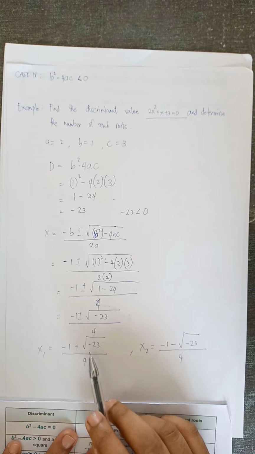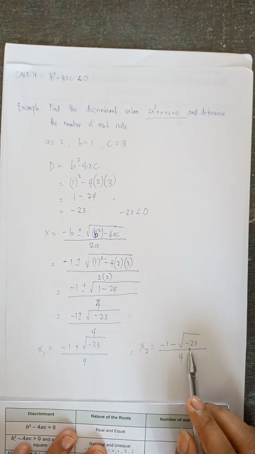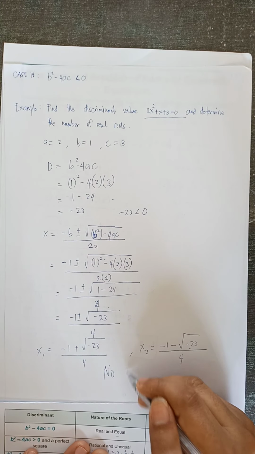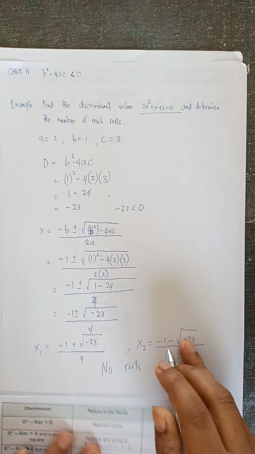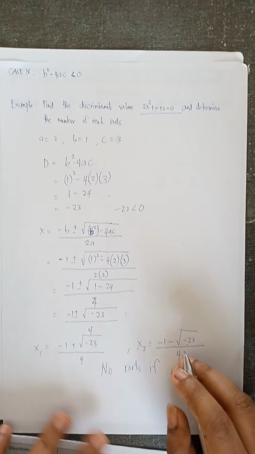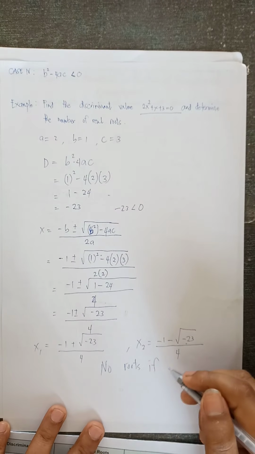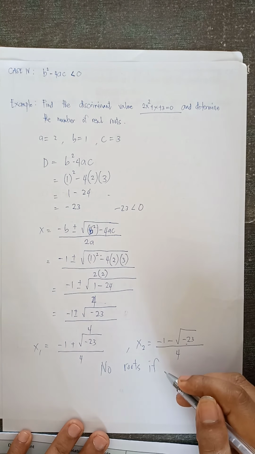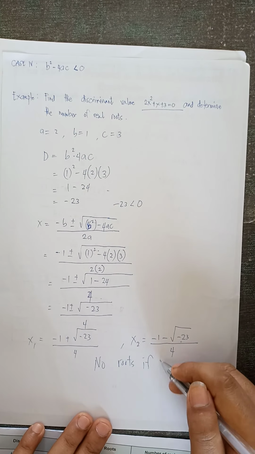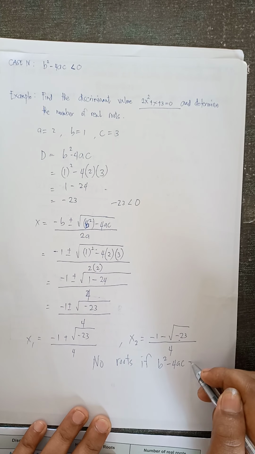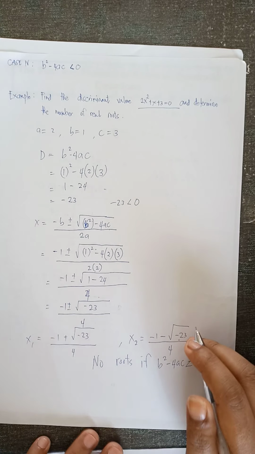Kay naay negative sa sulod sa radical sign, which is negative 23. Sa other side is also negative 23. So therefore, there are no roots if b squared minus 4ac is less than 0.